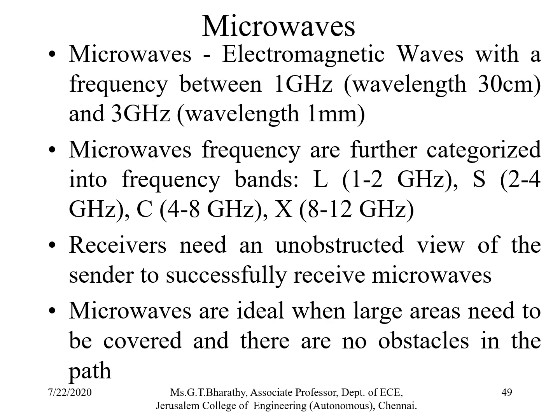The property of microwaves is that the receivers need an unobstructed view of the sender to successfully receive microwaves. That is, we expect a line of sight between the transmitter and the receiver. Microwaves are ideal when a large area needs to be covered and there is no obstacle in the path.